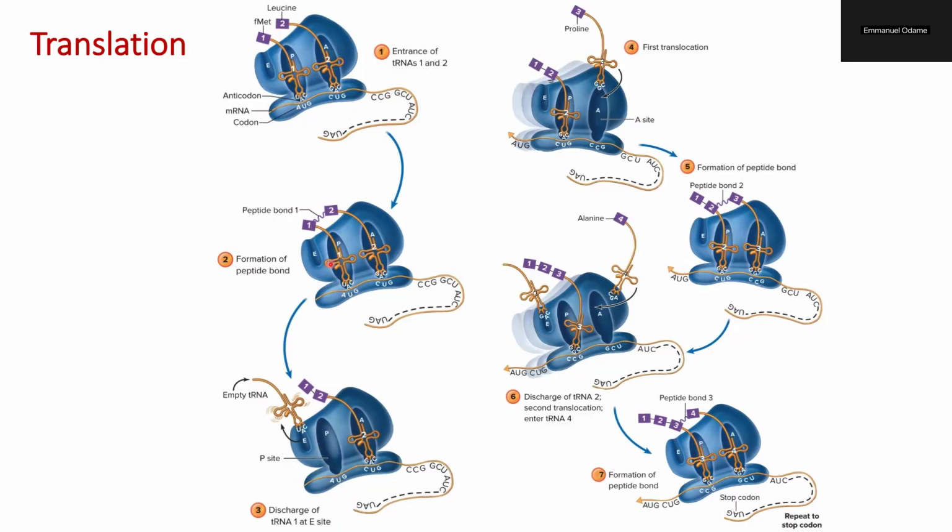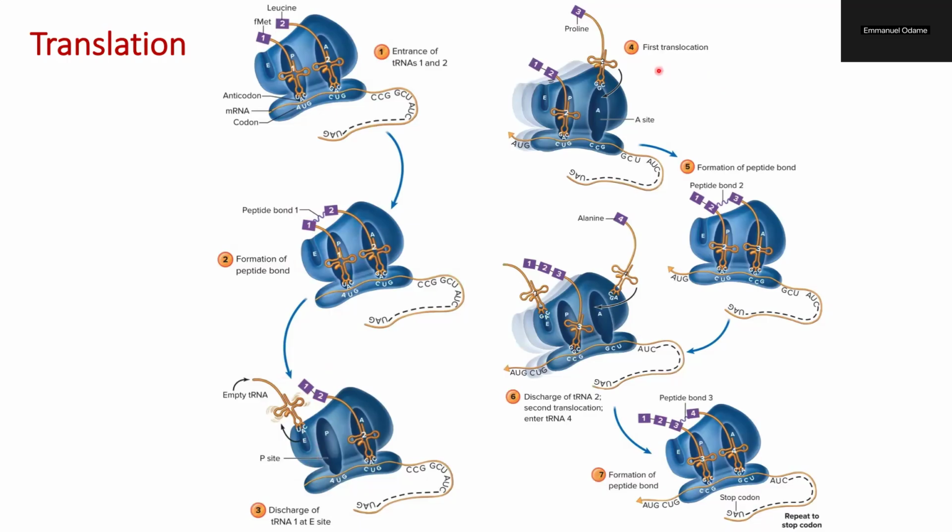Once this bond is formed between the transfer RNA on the P site and the A site, the transfer RNA in the P site will be moved to the exit, which is the E site, and then the transfer RNA goes, but the amino acid still stays. Basically, it's just forming the bond with the other amino acid in the A site.